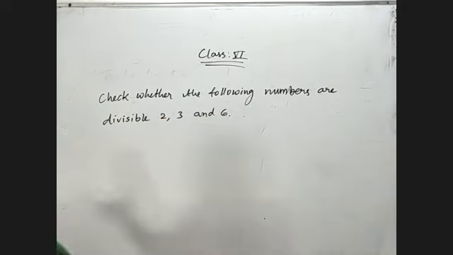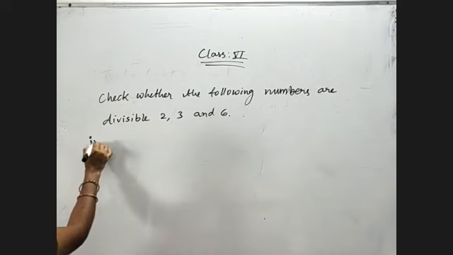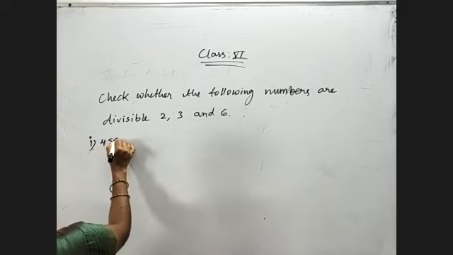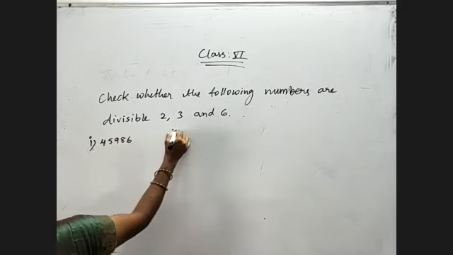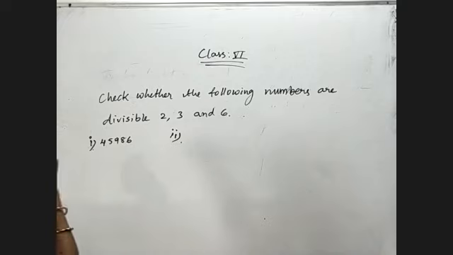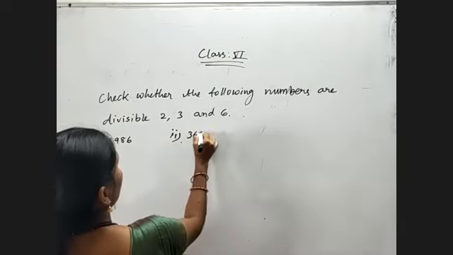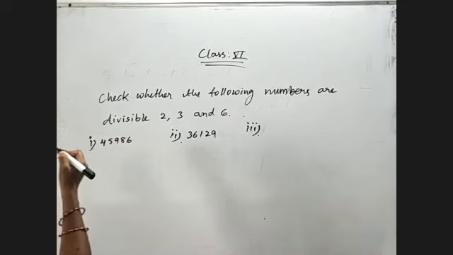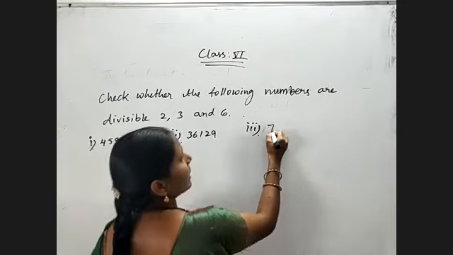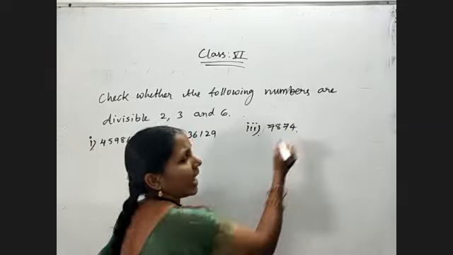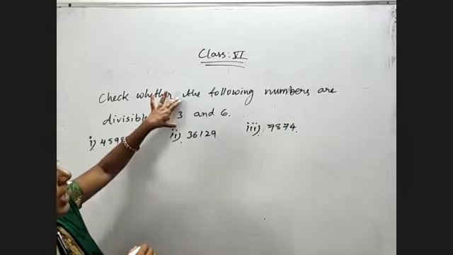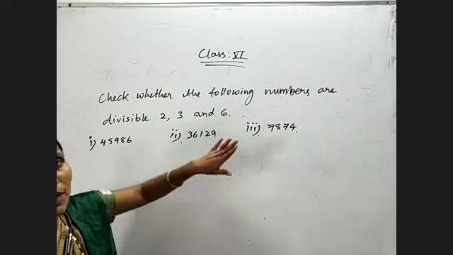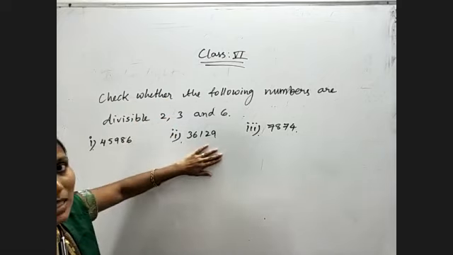My first question is 45,986, my second question is 36,129, and my third question is 7,874. Actually this question is given only to check the rule for 3, but I am using 2, 3, and 6 as well. With that we will revise whatever we discussed yesterday.